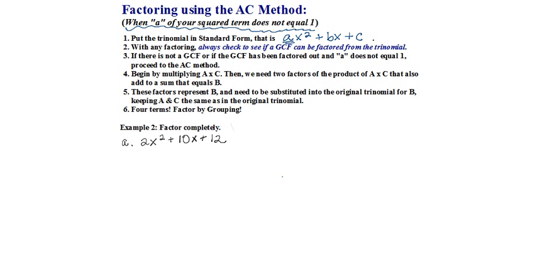The first thing we always want to check for is a GCF. Sometimes it'll make it easier on us to factor and make it so that we can do this more efficiently. Okay, so let's look. 2x squared plus 10x plus 12, I can take out a 2, and that leaves me with x squared plus 5x plus 6.